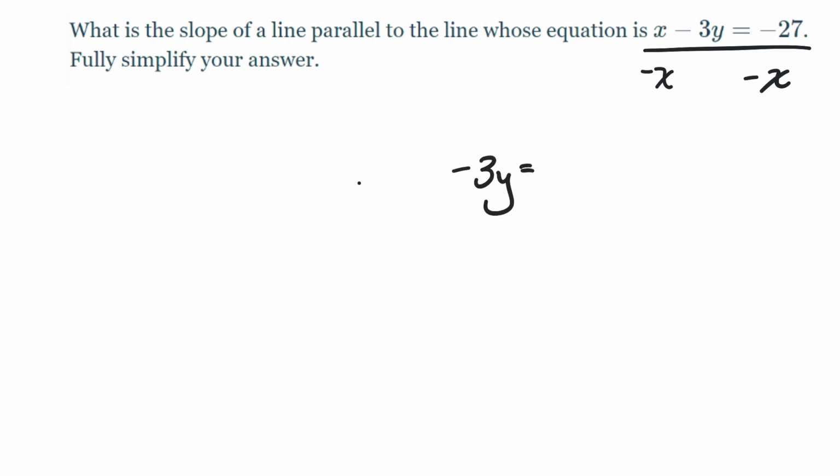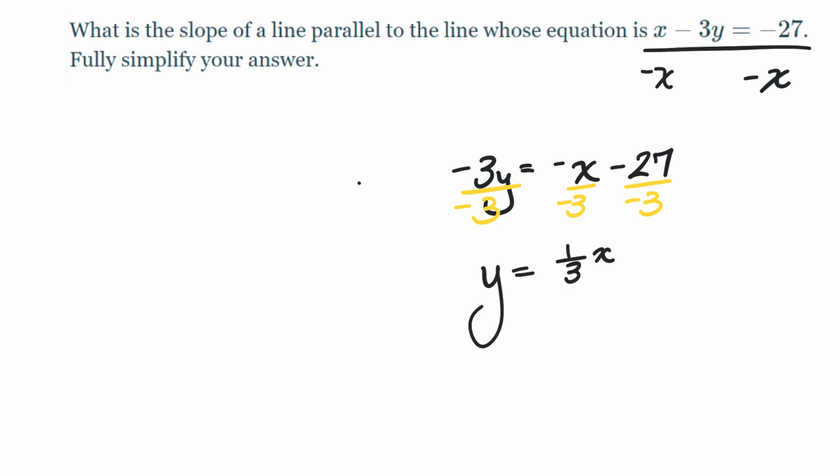We get negative 3y equals negative x minus 27. We then divide everything, let me rephrase that, everything times negative 3. Negative divided by negative is positive, so we end up with the slope of 1/3, and you could put the x out to the side or up with the 1, it does not matter, plus 9.